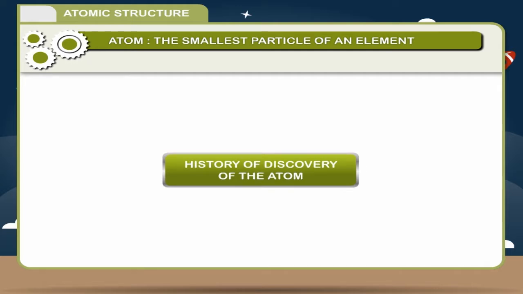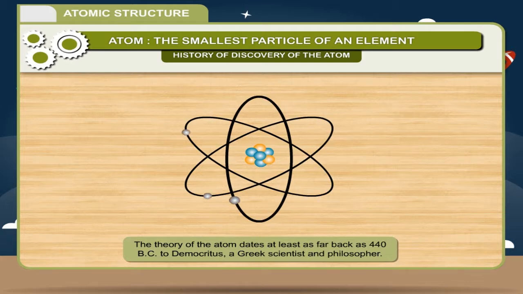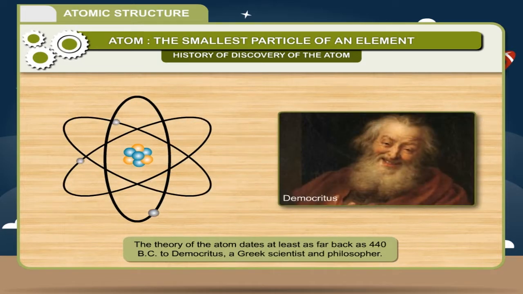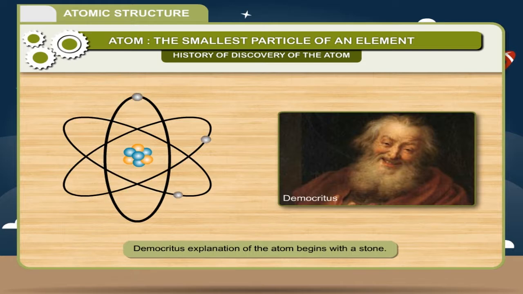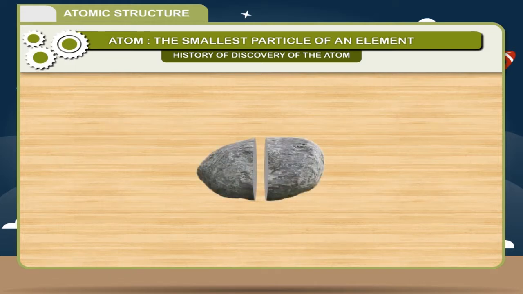History of discovery of the atom. The theory of the atom dates at least as far back as 440 BC to Democritus, a Greek scientist and philosopher. Democritus' explanation of the atom begins with a stone. A stone cut in half gives two halves of the same stone.